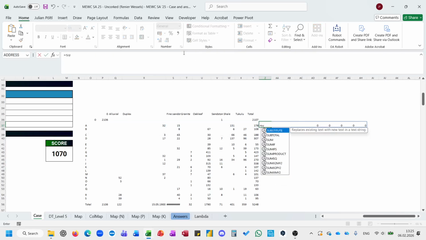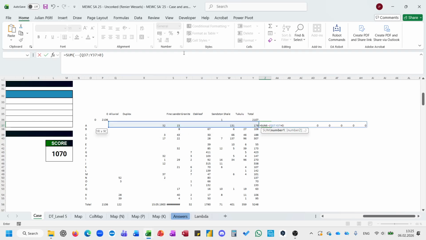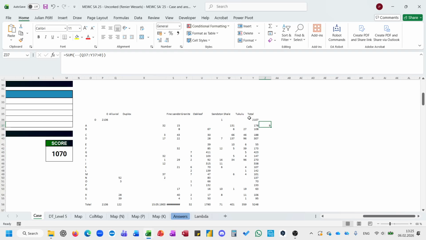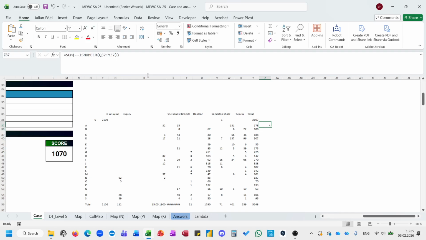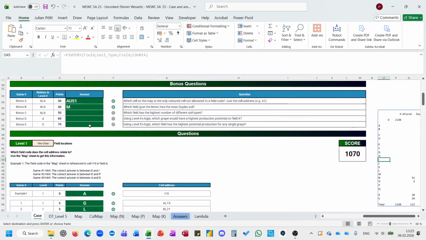No. 9 is number, yeah, sum minus minus 4. Most is 8, which is I.